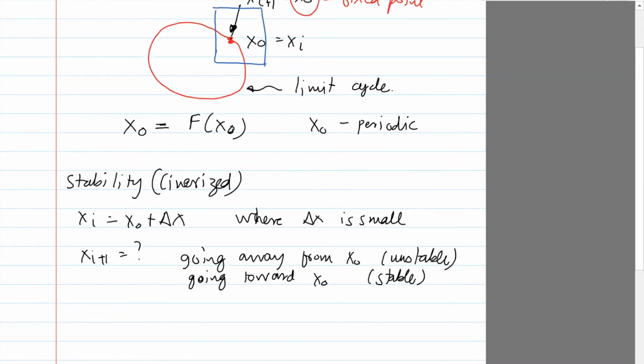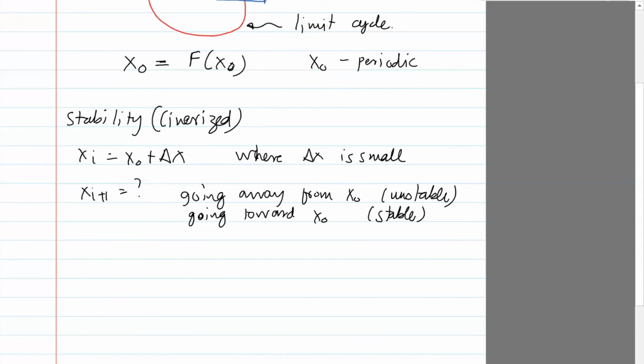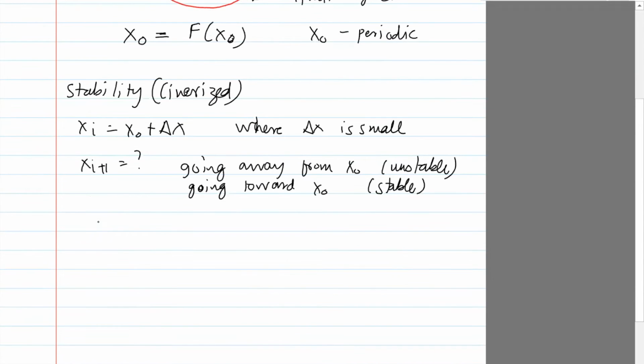Instead of really checking this for all possible perturbations of x0, that is delta x, what you do is find what is known as a Jacobian. The Jacobian here is slightly different from the Jacobian we talked about before. The way we think of the Jacobian here is the first derivative of f, the Poincare map, with respect to the state x, evaluated at x equals x0.